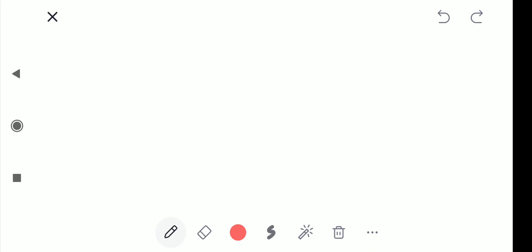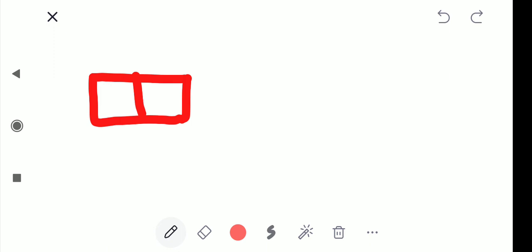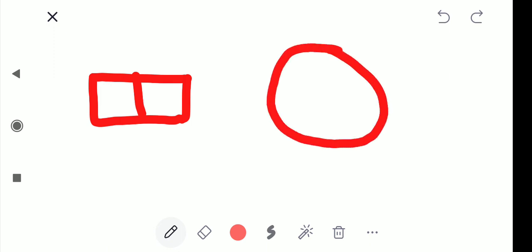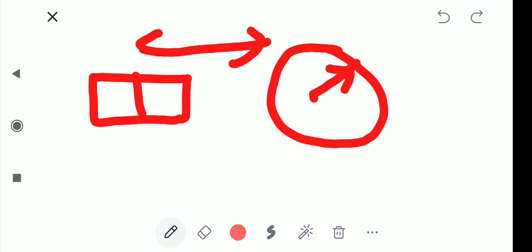Now we will discuss forces at a distance. A similar example: there is a bar magnet and there is a magnetic compass. There is a deflection of the needle when we place these two at some distance.